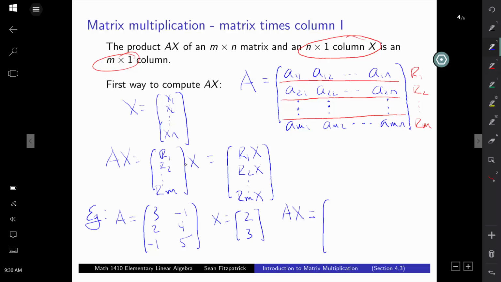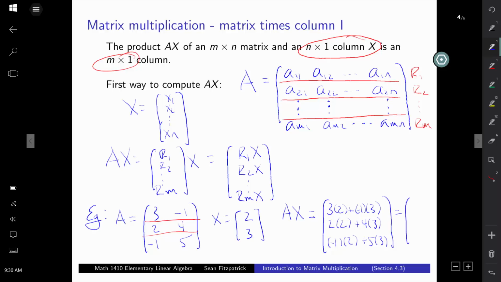So I do the first row, so we divide things up. So row 1, row 2, row 3. So the first row times X, I do 3 times 2 plus minus 1 times 3. That's row 1 times X. Now we do row 2 times X. 2 times 2 plus 4 times 3. Then I do row 3 times X. Minus 1 times 2 plus 5 times 3.